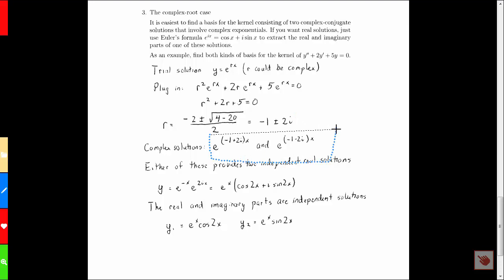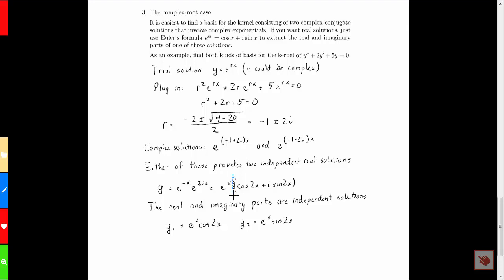So we have two complex solutions, either e to the minus 1 plus 2i times x, or e to the minus 1 minus 2i times x. But we can perfectly easily get independent real solutions by using Euler's famous formula, e to the ix is cosine x plus i sine x. So our first complex solution can be written as e to the minus x times e to the 2ix.